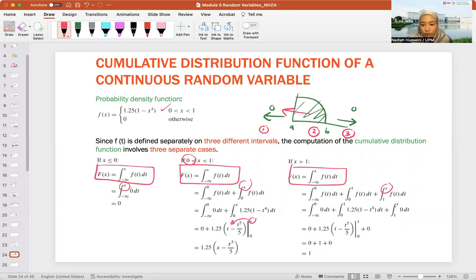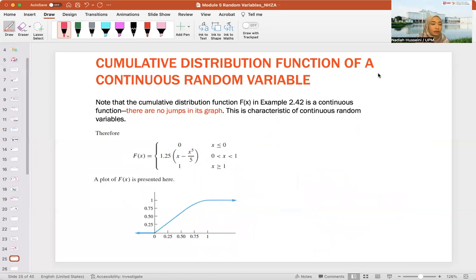So if you integrate this with boundary 0 to 1, when you put in the values here, you will get 1 because this is a complete probability distribution function. Therefore, you will get 1 as your total probability. Okay, so I know it's a little bit confusing. It takes a while to understand this. We're going to do some exercises.